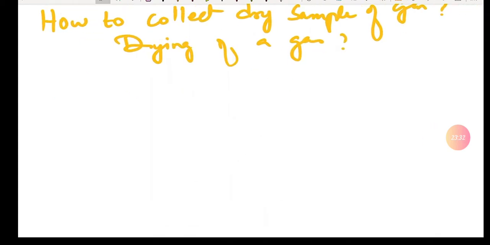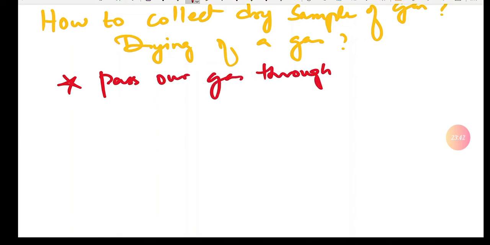Here, once again, we can use a drying agent. For this purpose, we can pass our gas through a drying agent before final collection. Now, this drying agent depends on the gas.